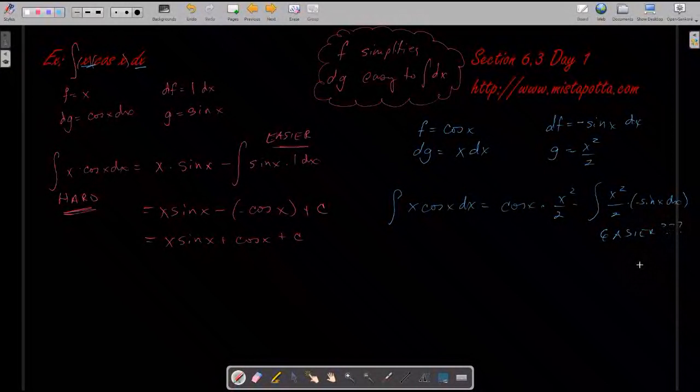So appropriate choice of f and dg, and you should be able to tell in this breakdown which one to use, because one of them is going to give you a much more complicated integral to deal with.